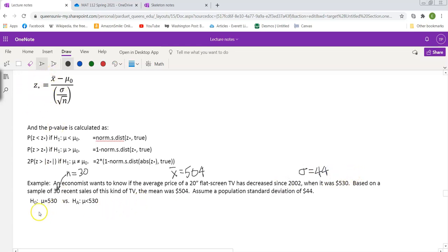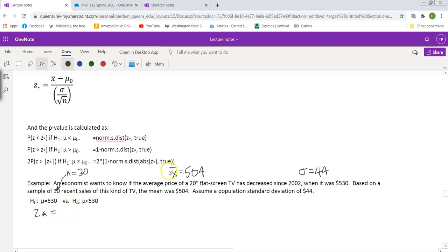So our Z star, and that's not the same notation your textbook uses. They use an alpha over 2 or something for that. This is just for clarity. So this is my notation, Z star, just to show that this is the test statistic.